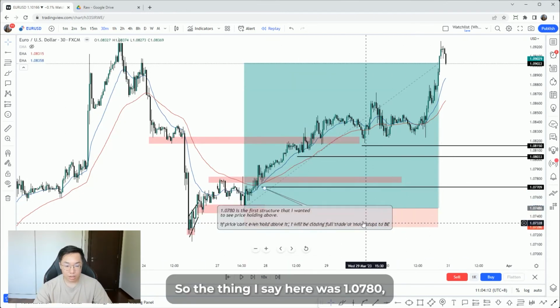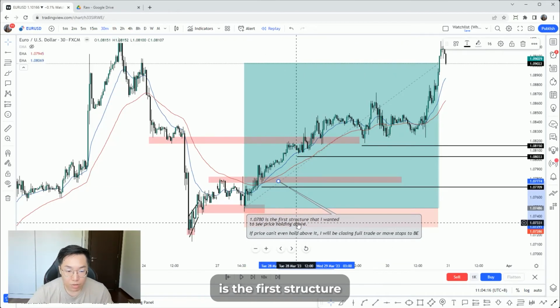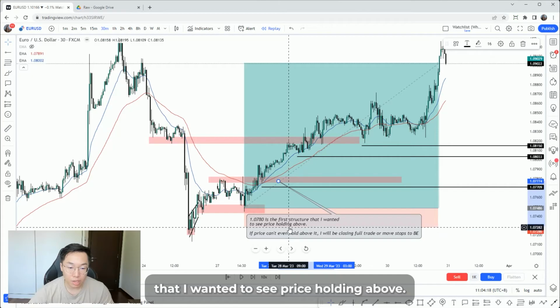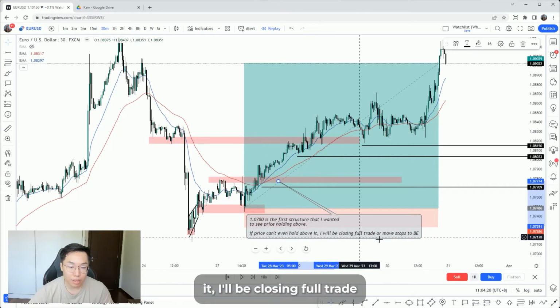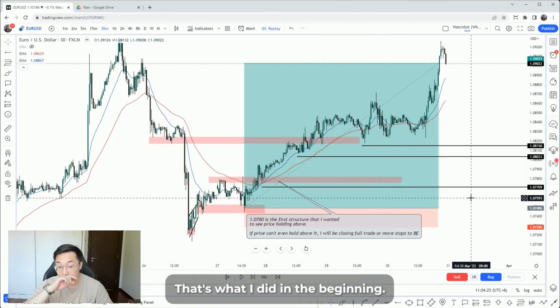The thing I say here, 1.0780, which is this zone here, is the first structure that I wanted to see price holding above. If price can't even hold above it, I'll be closing the full trade or moving stops to break even. That's what I did in the beginning.